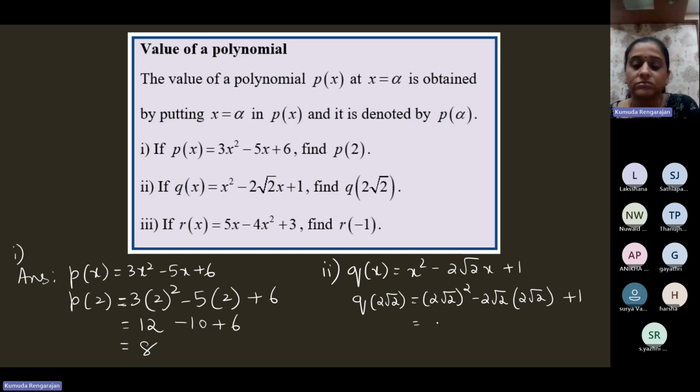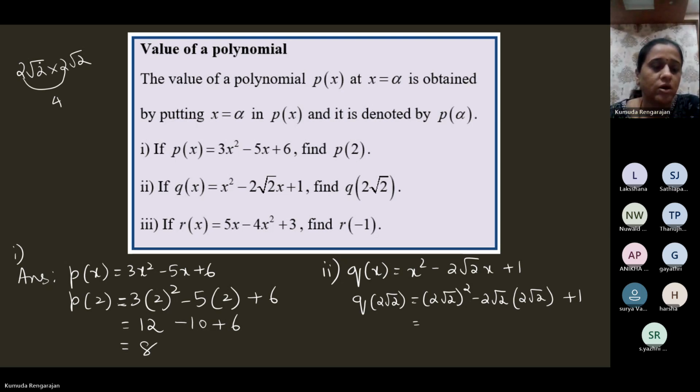What's the answer for the second one? Okay. So 2 root 2 into 2 root 2. 2 into 2, 4. Root 2 into root 2 is 2. So 4 into 2, 8. 2 root 2 into 2 root 2. 2 into 2, 4.